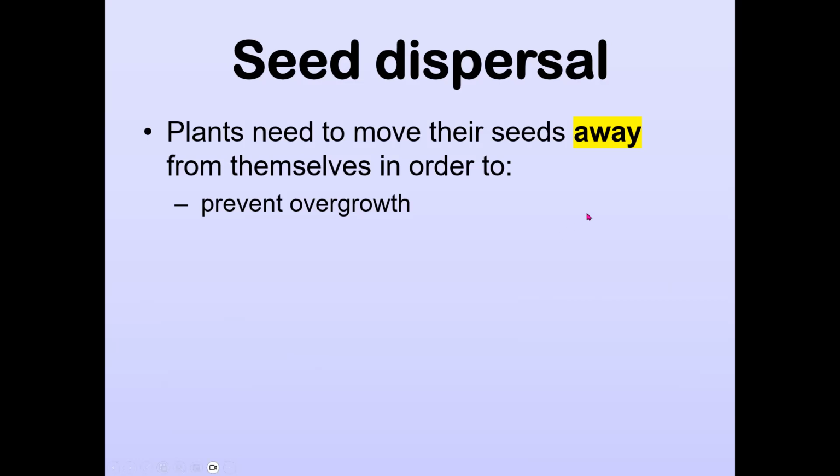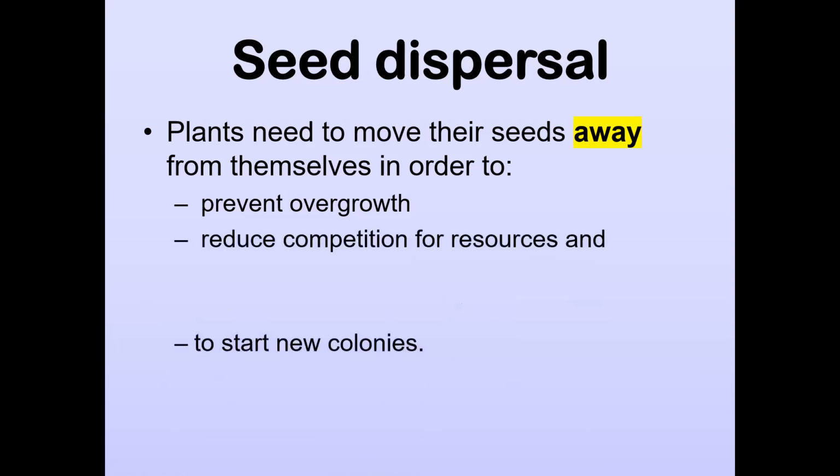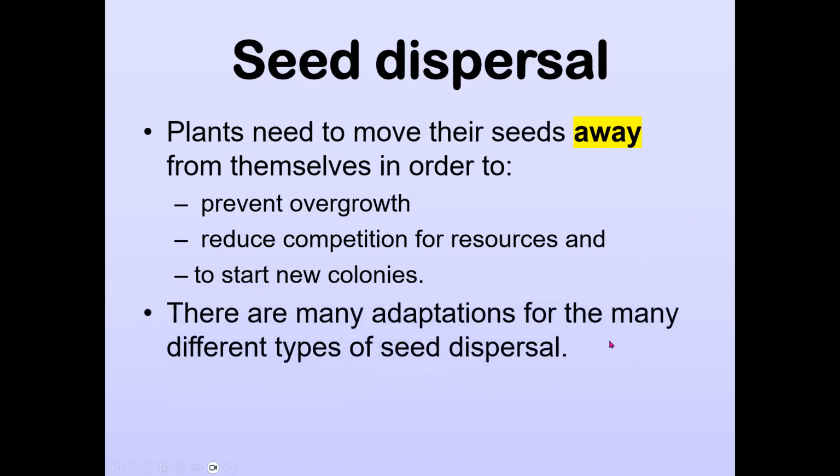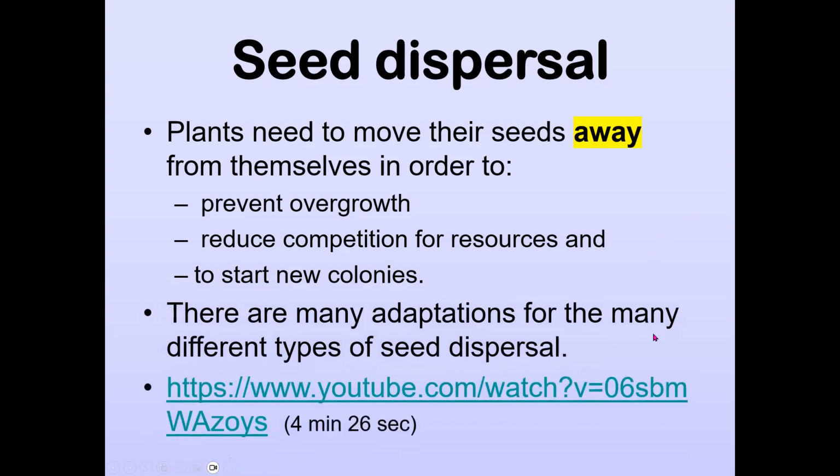It prevents overgrowth and reduces competition for resources like food, water, light, and then by moving away somewhere, they could start new colonies. And there are many, many adaptations for seed dispersal. And here, I'll show you this one.